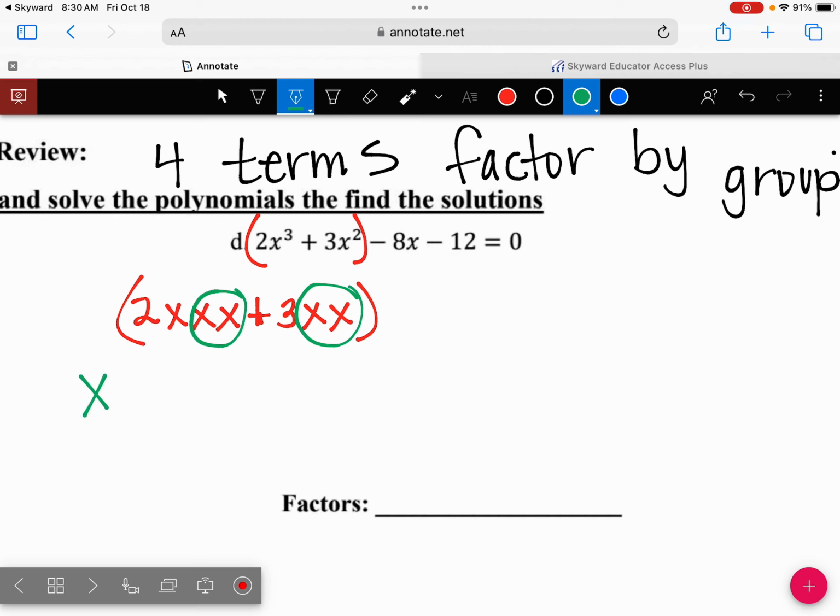So x squared is going to come out. And then what do we have left on the inside? On the inside, we have 2x plus 3. So that's going to stay on the inside. Now, this is the first time we've seen something like this, but notice that both terms are negative. That means that we have a negative 1 that we're going to have to factor out.